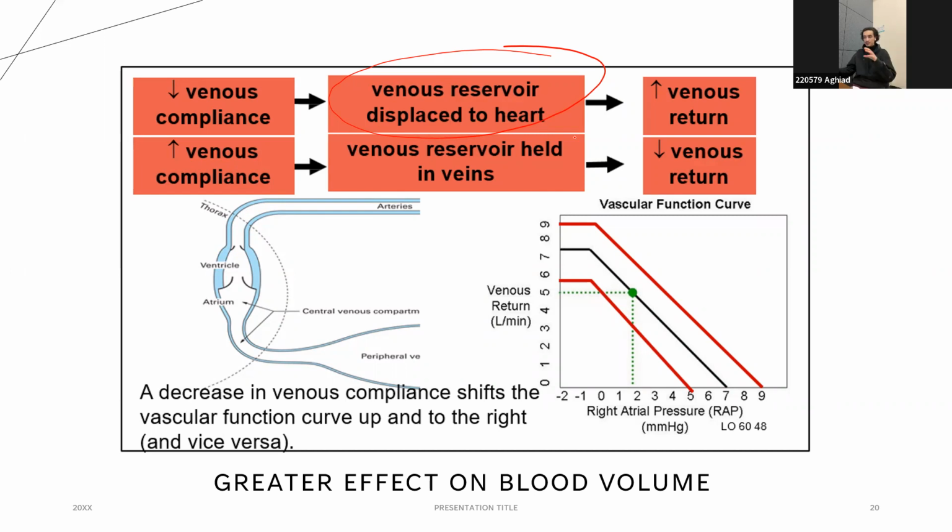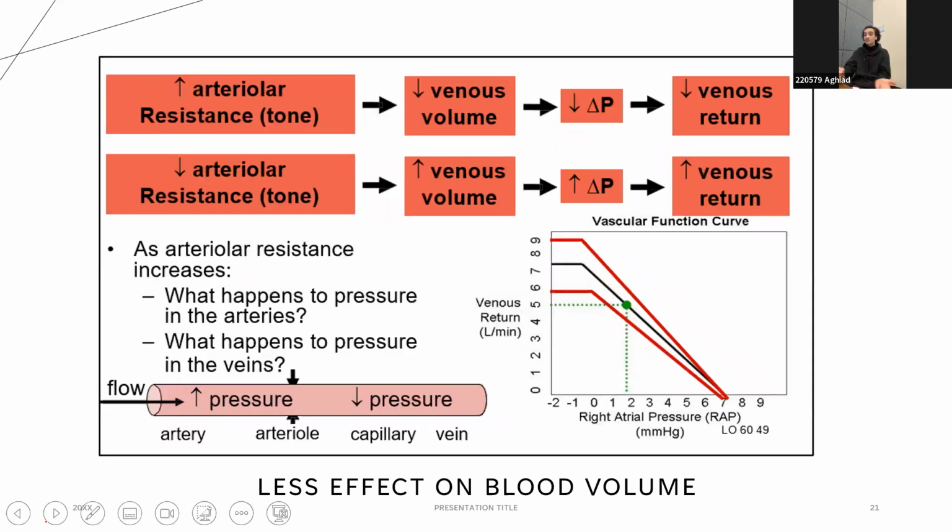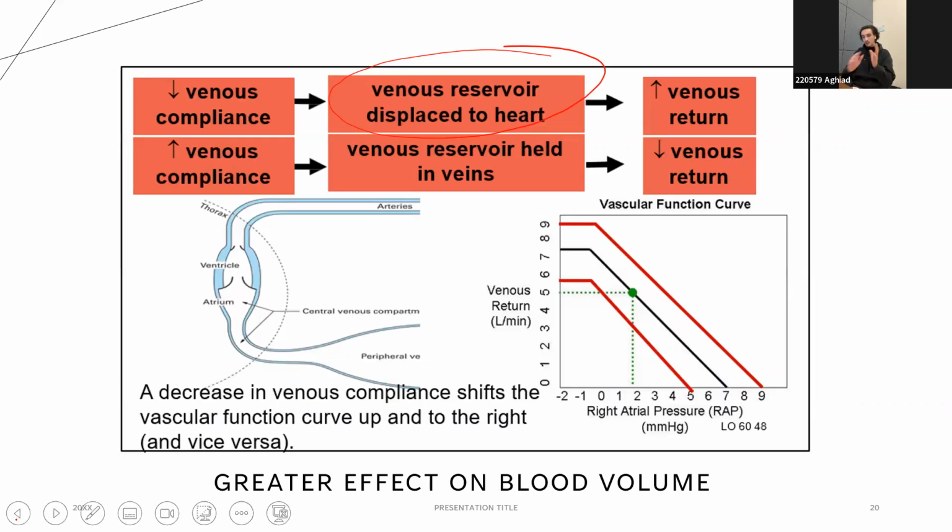You'll see why I'm being specific about this in the next slide. As you can see here, the right atrial pressure isn't changing, but the venous return is, so you have to wait for the information on it. Basically, the veins accommodate for more blood than the arteries, and that's why any change of blood in the veins will affect the right atrium as well.